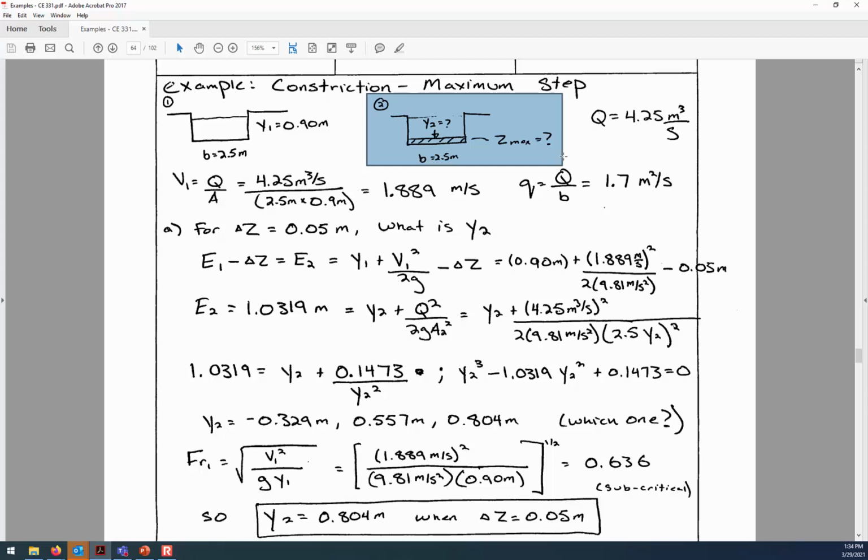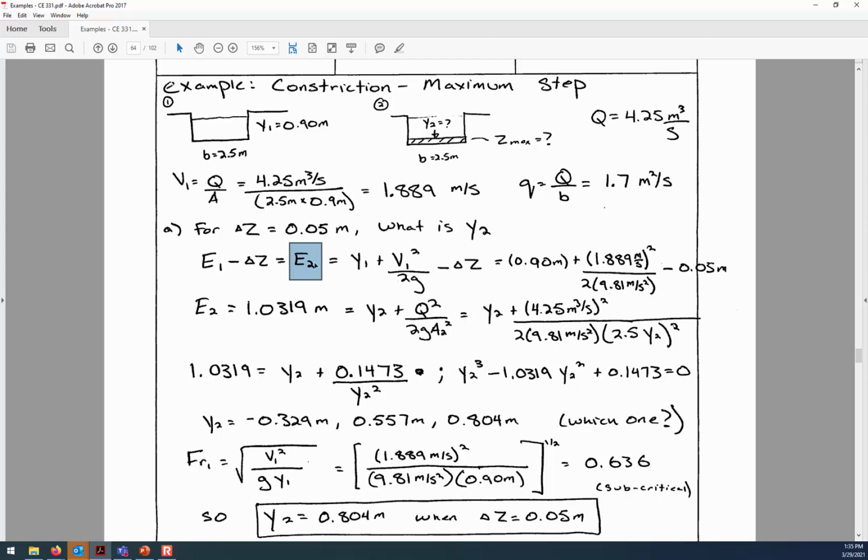So at 1 we can calculate the velocity and the flow per unit width. And what we know is that the energy at 1 minus delta Z is how much specific energy there is at 2. Because the delta Z stepping up over that obstruction is going to reduce how much specific energy there is at location 2.